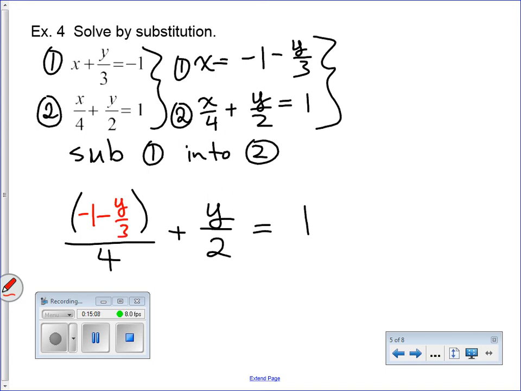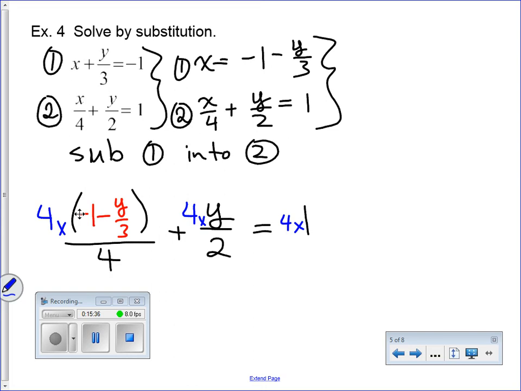So here's the ugly part. You guys don't like fractions, right? Let's multiply by the LCM. That'll get rid of this. So now we're going to end up with 4 times this whole part, and 4 times this, and 4 times this.